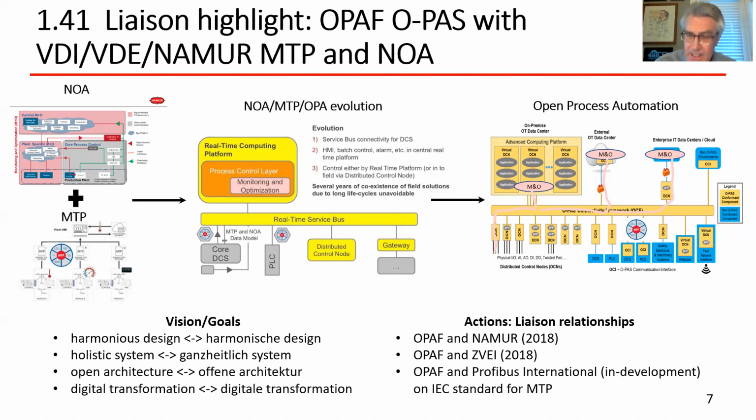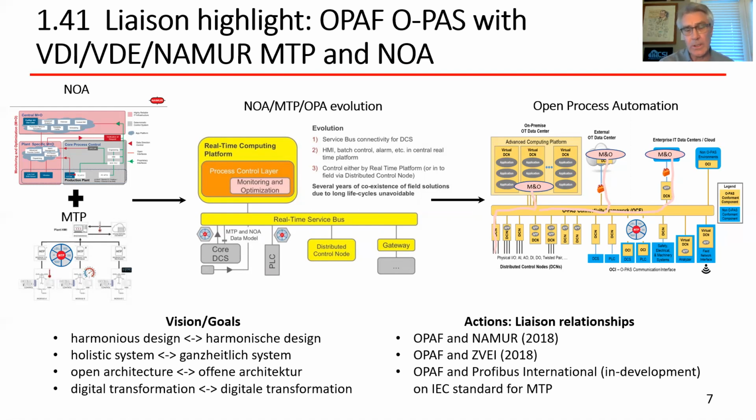And at present, given NAMUR's decision to select PROFIBUS International as the organization to host the internationalization of MTP as an IEC standard, we are trying to liaise with the PROFIBUS organization to actively participate in this important work.